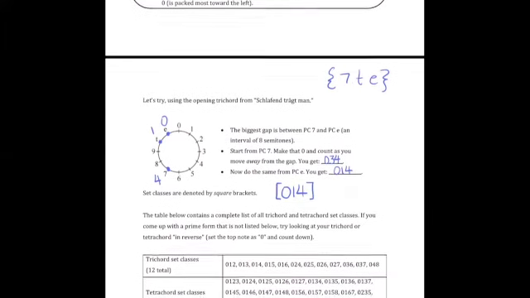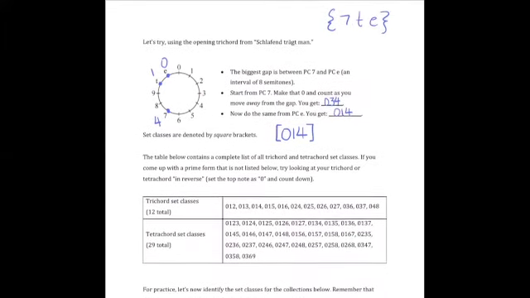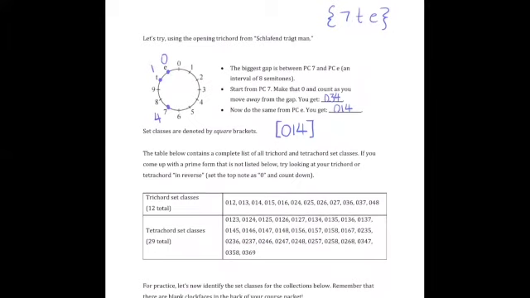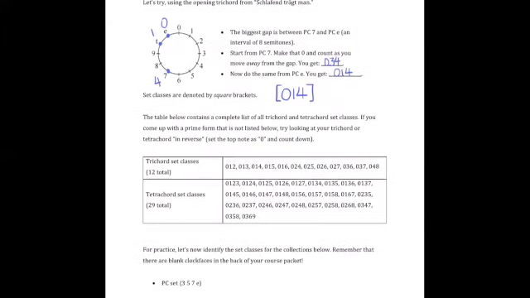Okay, now one of the cool things about set classes is there is a very limited, finite number of them. Since each set class sort of stands in for a whole bunch of PC sets, you don't have a ton of set class options. So for trichords, there are only 12 possible trichords, and you see them listed here.